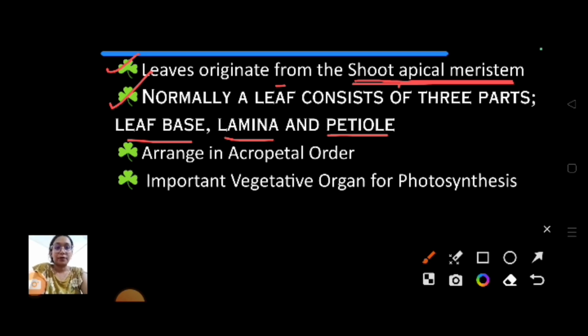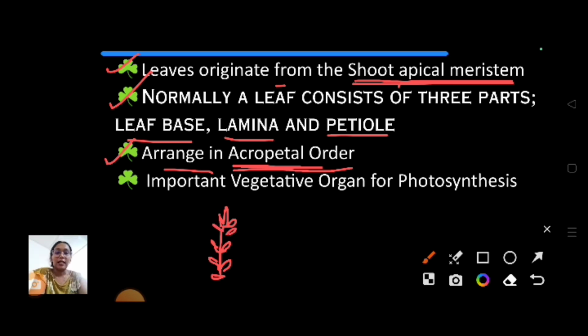Then the third point it is saying is that they are arranged in acropetal order. What does that mean? Acropetal order means the younger leaves will be at the top and the older leaves will be at the bottom. Generally, when you see a plant, at the tip there are younger leaves, but the older leaves are always at the base.